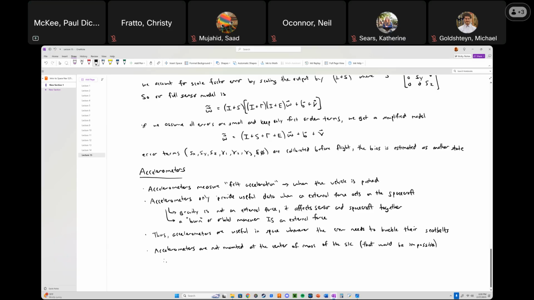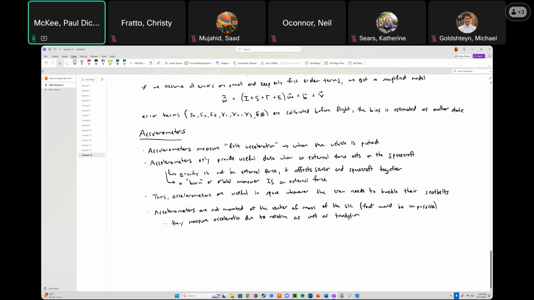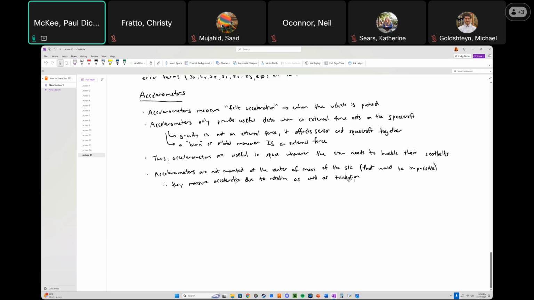Therefore, they measure acceleration due to rotation, as well as translation. So we'll need to take that into account. Just because your accelerometers are feeling something doesn't mean you're actually translating or firing on your thrusters. Doesn't mean you have a linear acceleration. You could have angular acceleration that it would measure, and it would pick that up.